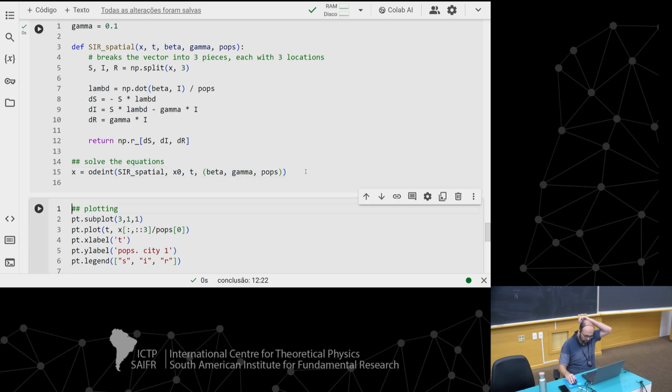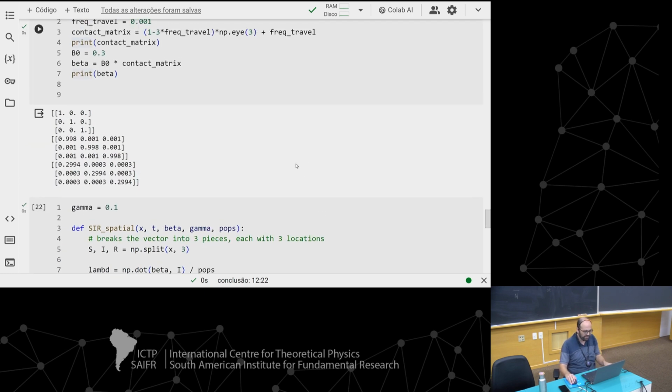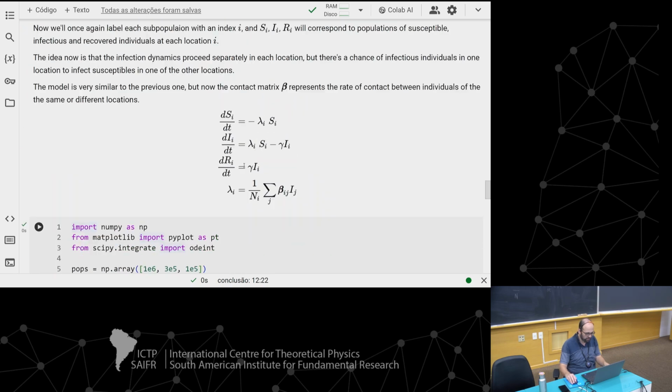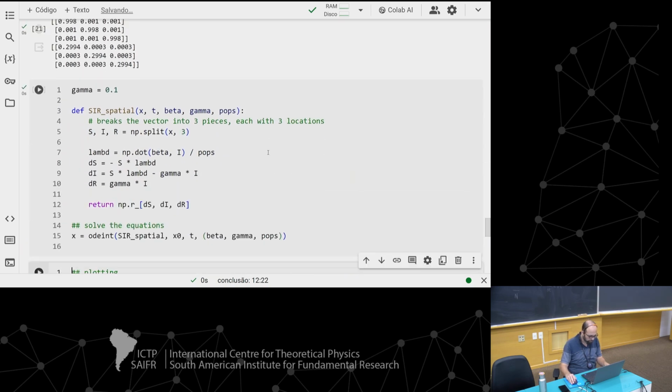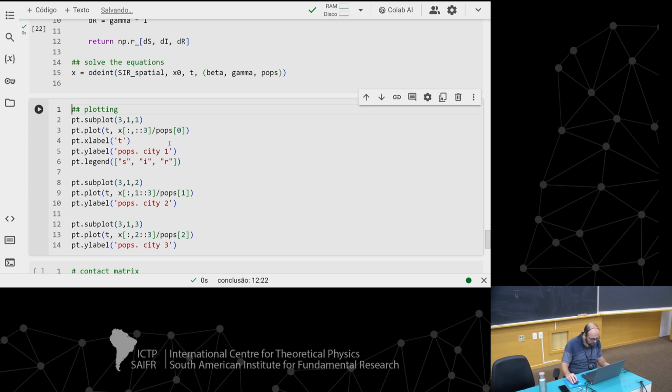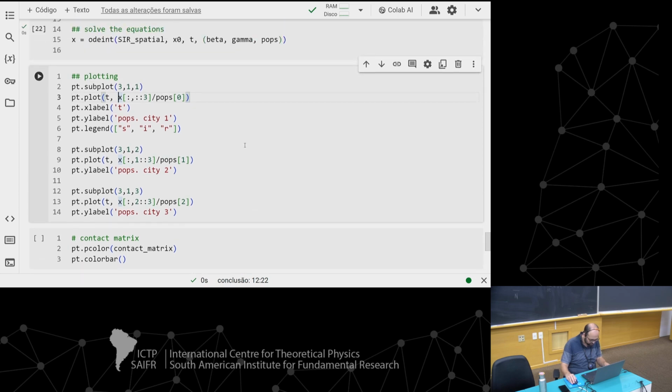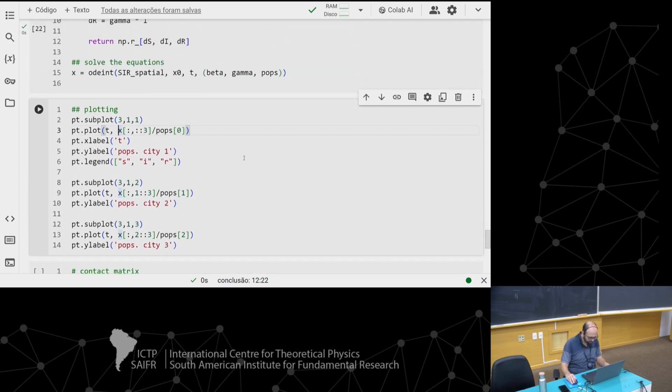Okay, and now I will once again plot it by city. Why didn't I use the split tree here? I don't know, I should probably have done this. No, here I'm plotting SIR for each city.